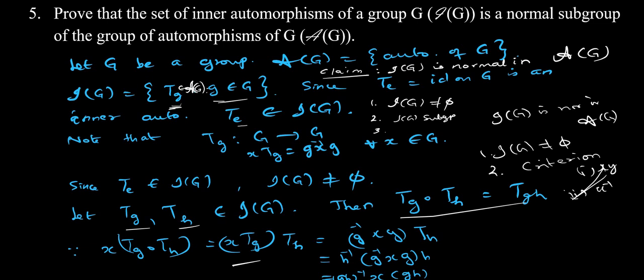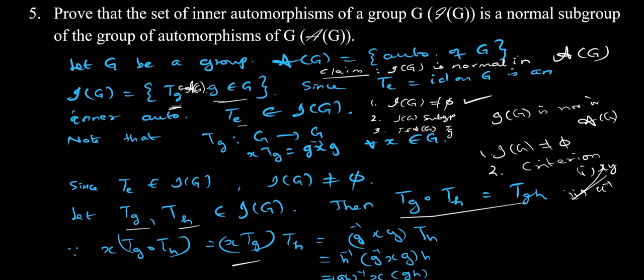That is, suppose I consider T to be an element in script A of G, and I consider an element, say Tg, in script I of G, then T composition Tg composition T inverse belongs to script I of G. So if we can establish these three only, we can say that script I of G is normal in script A of G.